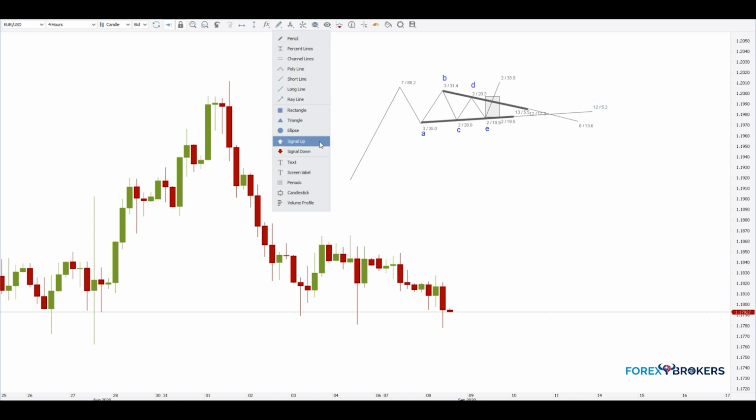This point here is called the apex of a contracting triangle. It is a very important level. What traders do is they use this level for future support and resistance.